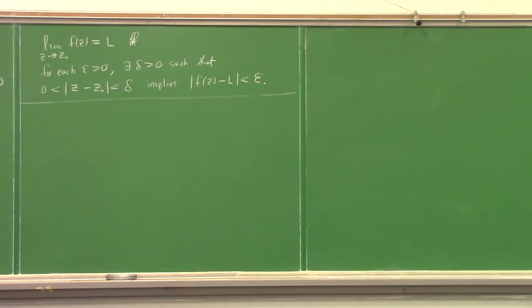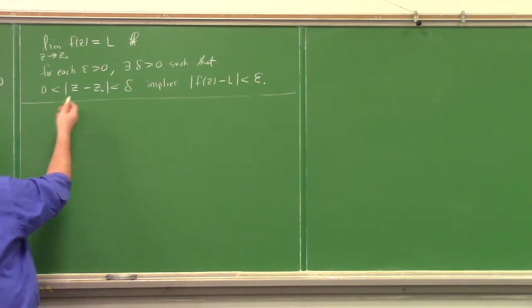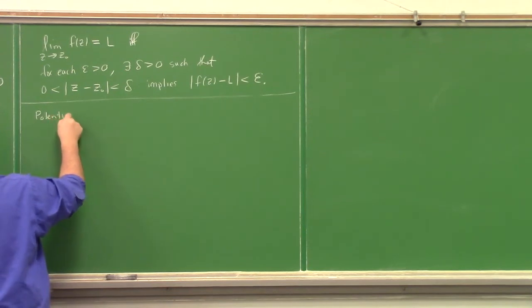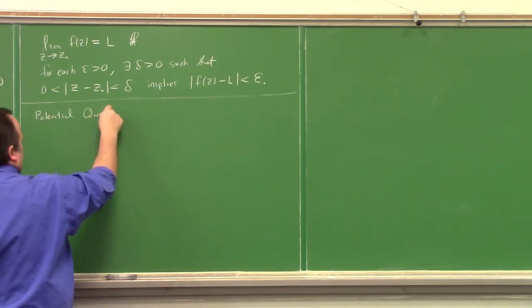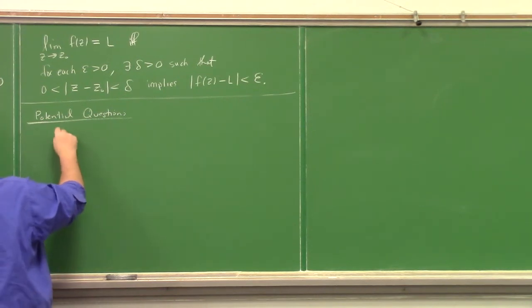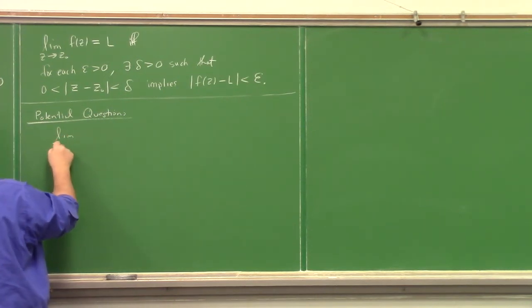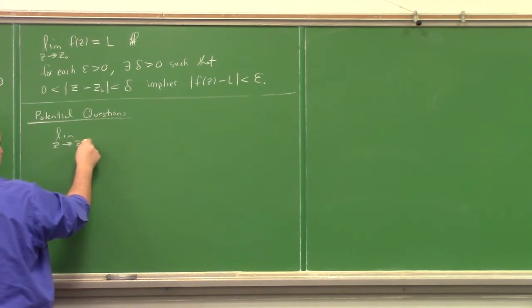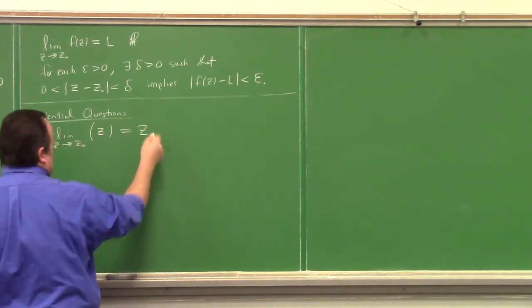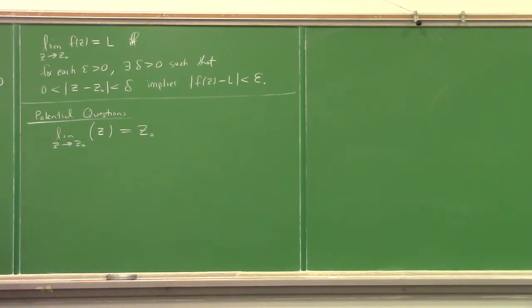Here's a reasonable question to ask you guys. Some potential test questions, right? How about this? The limit as z goes to z naught of z equals z naught. How would you prove that?